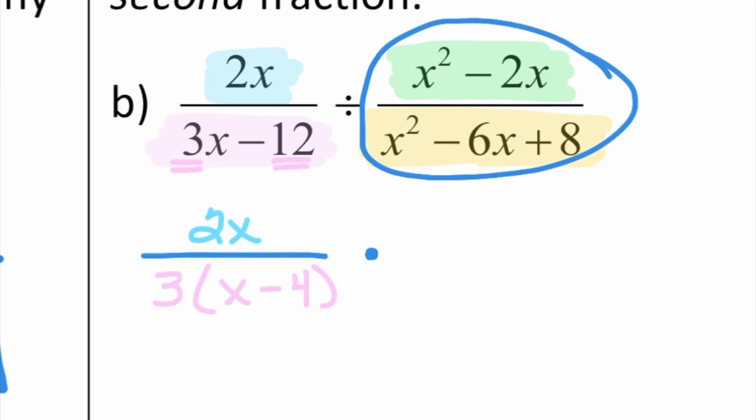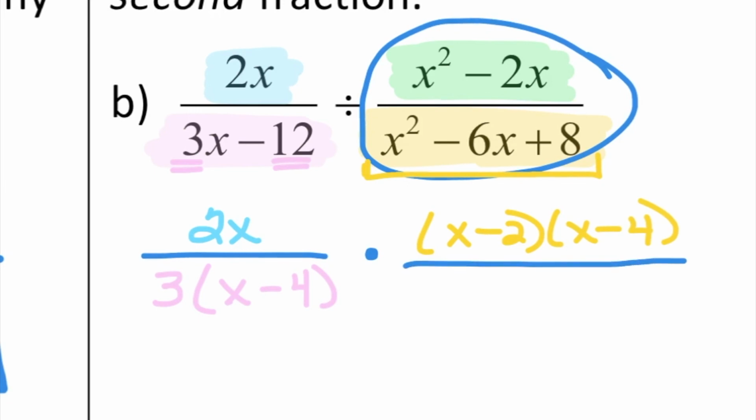I'm going to change this to multiplication. And then I'm going to look at the yellow. Go ahead and factor that now real quick. And you should get x minus 2 and x minus 4. And I'm going to write it in the numerator because you're taking the reciprocal of the second fraction.